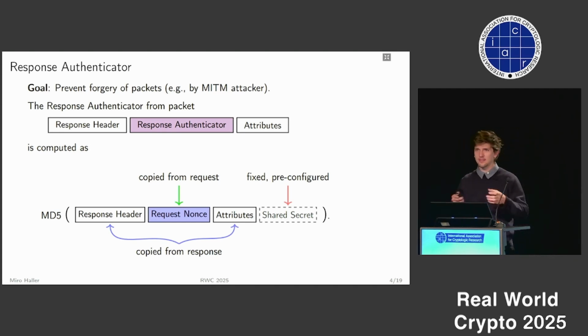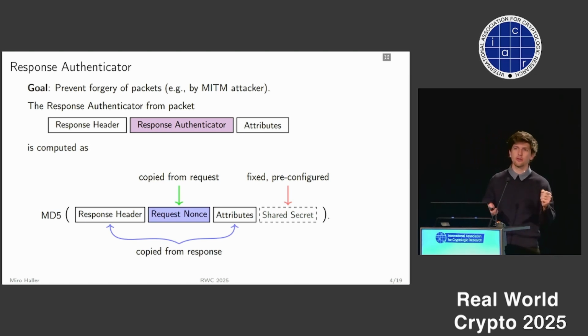This shared secret is set up at the time when the Radius infrastructure is set up, and it's hard-coded on both the Radius client and the Radius server. And this is exactly what should make it hard for an adversary to forge packets, because the adversary doesn't know the shared secret.